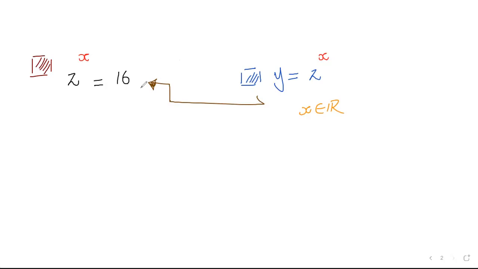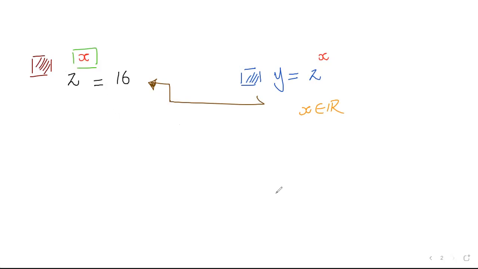You do not have that much freedom to choose anything for the x. We have very limited options for the x. Not everything is welcome. Only one number may be relevant. So when we say solve an exponential equation like the one we have here, it means find the exclusive value for the x that makes this equation valid.